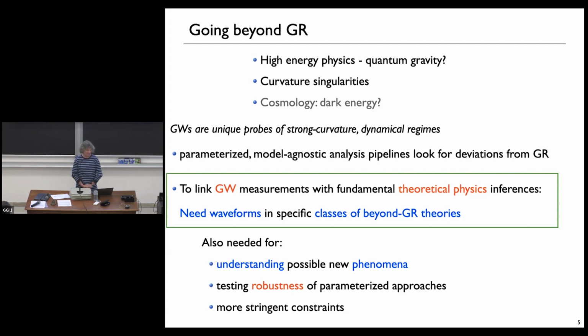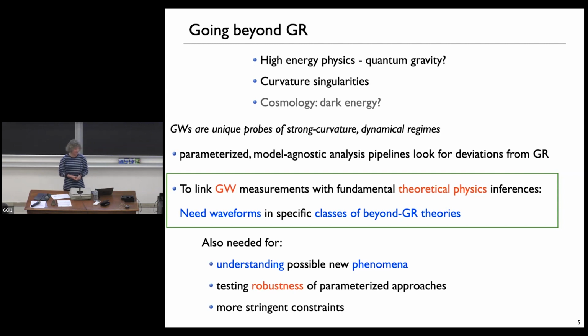deviations? What is mostly done is, since we don't know what an ultimate theory is and what could be its low energy manifestations, parameterized model agnostic tests, which means one takes a GR waveform and by hand simply adds small deformations to it and then constrains the deformation parameters or multiple of them.